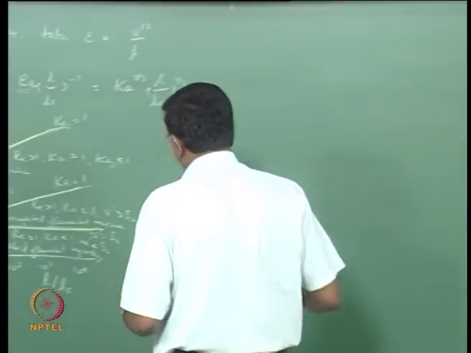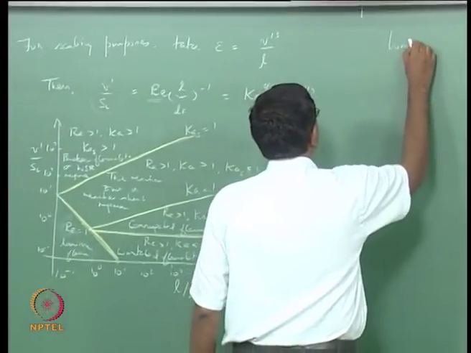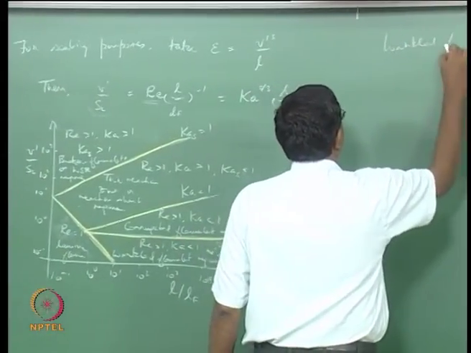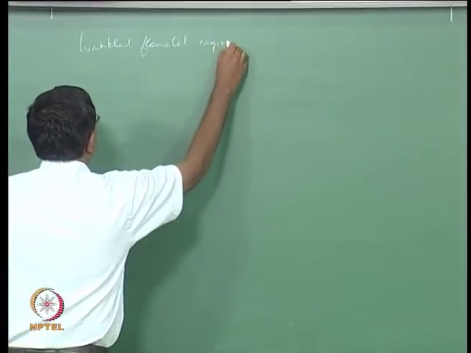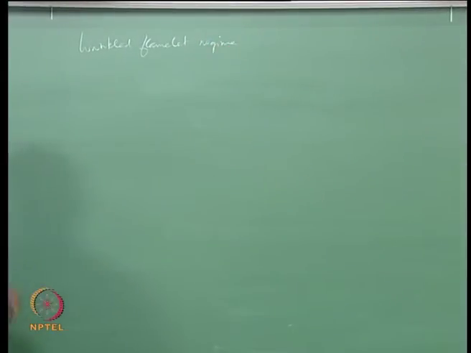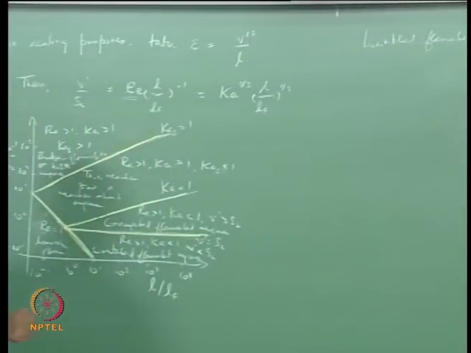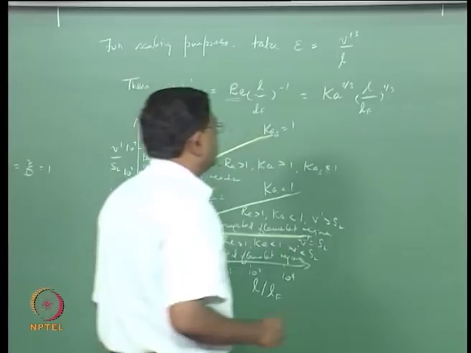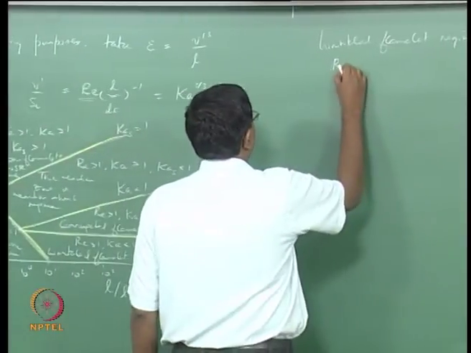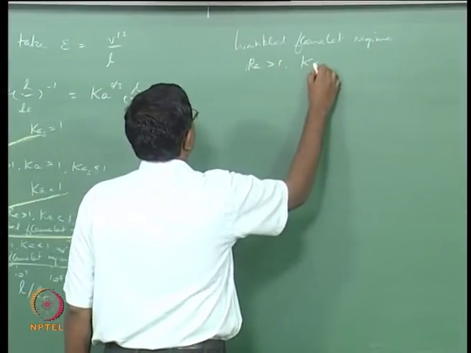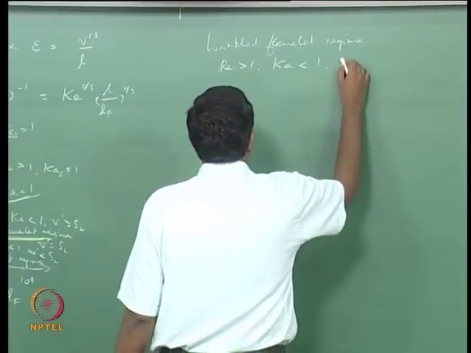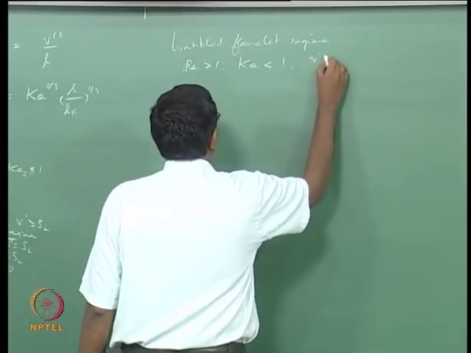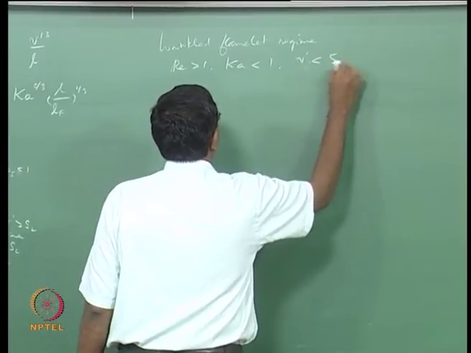So now let's think about what happens in each of these cases. The first one is the wrinkled flamelet regime, and here we have a situation of Re greater than 1, Ka less than 1, and V prime less than SL.